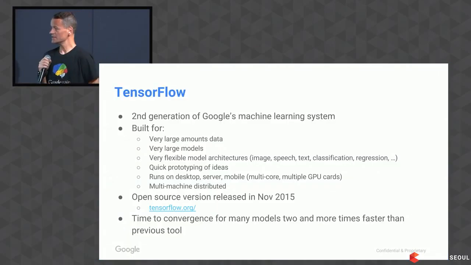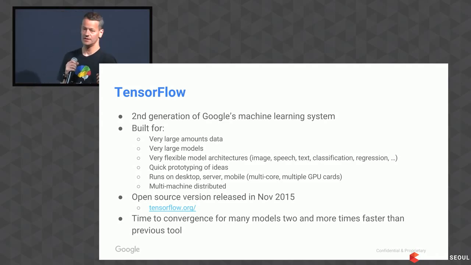So TensorFlow, our first system was called DistBelief, and our second system is called TensorFlow. It was built for very large amounts of data, very large models, very flexible model architectures. So all the data we just saw for image, for speech, for text, for classification, for regression, all these different types of data we wanted to handle with a single system.